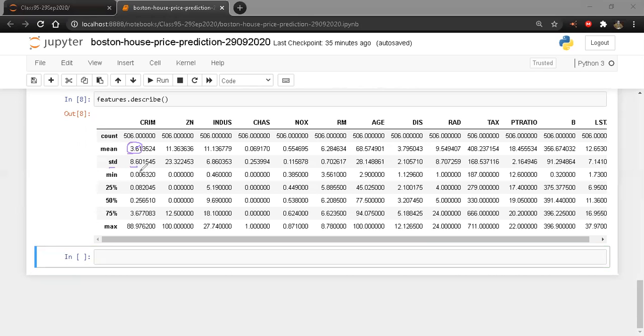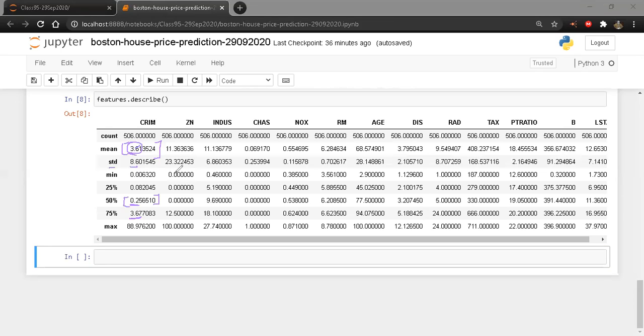We'll not get much info only by combining these two, so we need to look at minimum and maximum. If you see, 75% of my data falls below this. My median is this. Median is 50%. So median is less than mean. Can anybody tell me how the skewness is going to look?